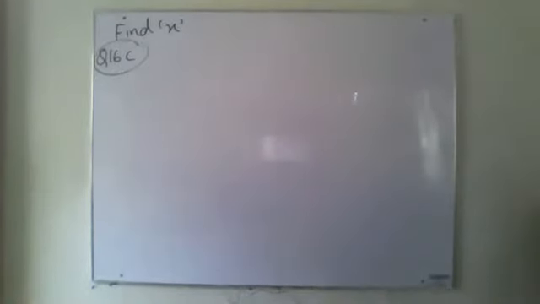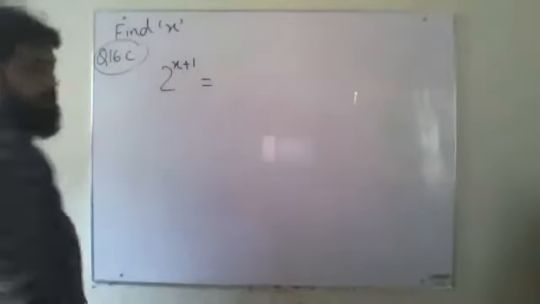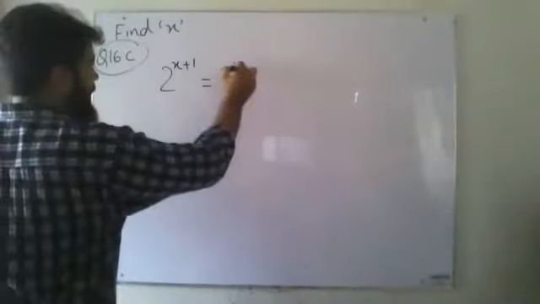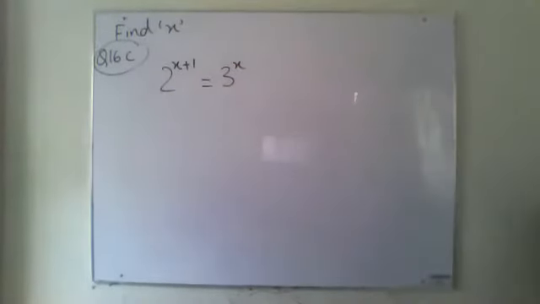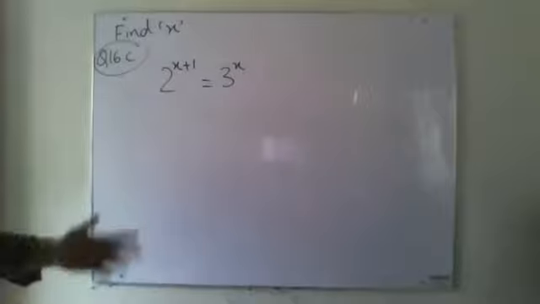Okay. Now the question says 2 to the power x plus 1 equals 3 to the power x. Okay. So I can see that there are two unknown powers on two different bases. I can directly apply log over here, but I'm not going to apply it yet, because I want to simplify it first.